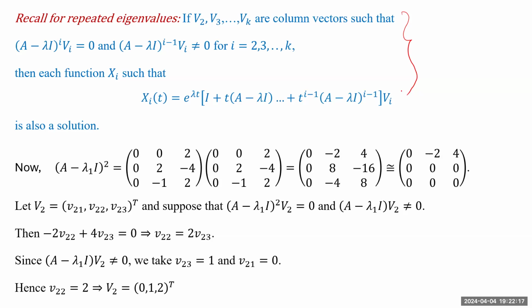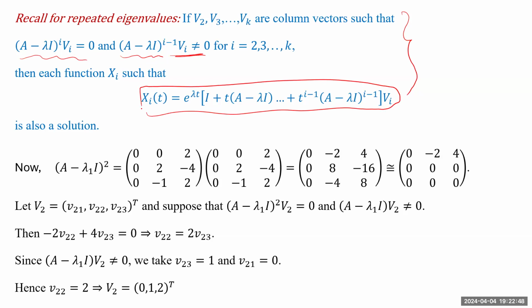Of course, in our case there are only two, so k is equal to 2. So we take A minus lambda I whole square times V2 equal to 0, and A minus lambda I to the power of 2 minus 1 times V2 not equal to 0. Then the solution is simple in this way.